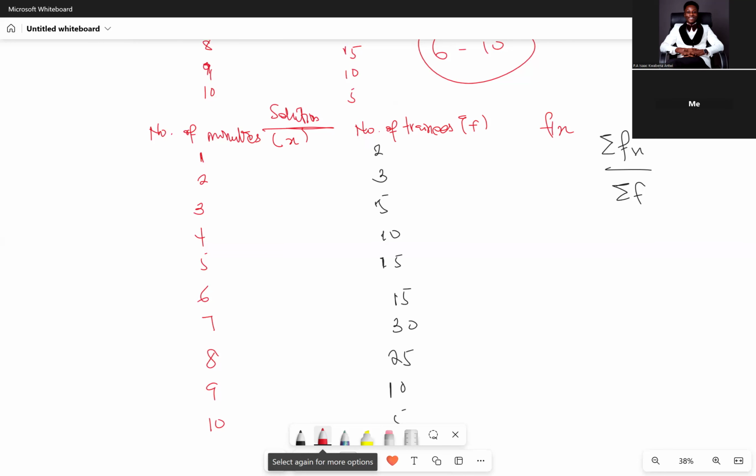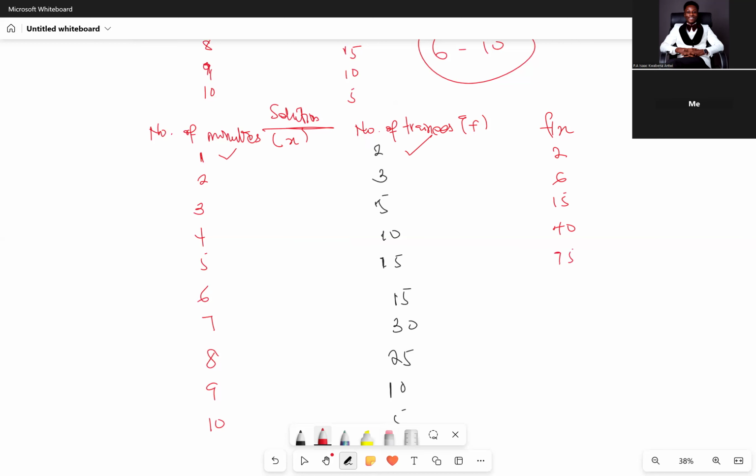What fx means is that you pick the f and multiply it by x. So you have 2 times 1, which is 2. 3 times 2, which is 6. 5 times 3, which is 15. Then 15 times 5.